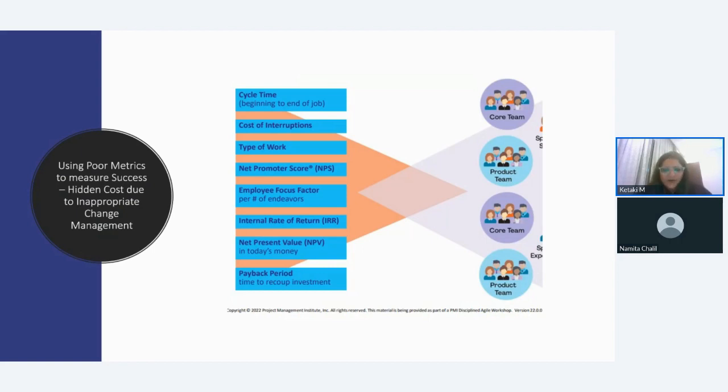Choosing the wrong metrics for defining success criteria for your projects will impede the value delivery even with the choices that you made.